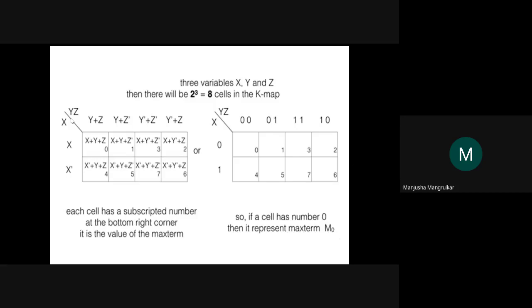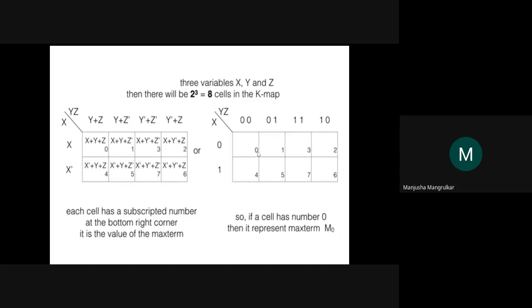8 combinations are there. As we have seen already in the binary form, that is 0 0 0, 0 0 1, 0 1 0 and 0 1 1, then it starts 1 0 0, 1 0 1, 1 1 0 and 1 1 1.